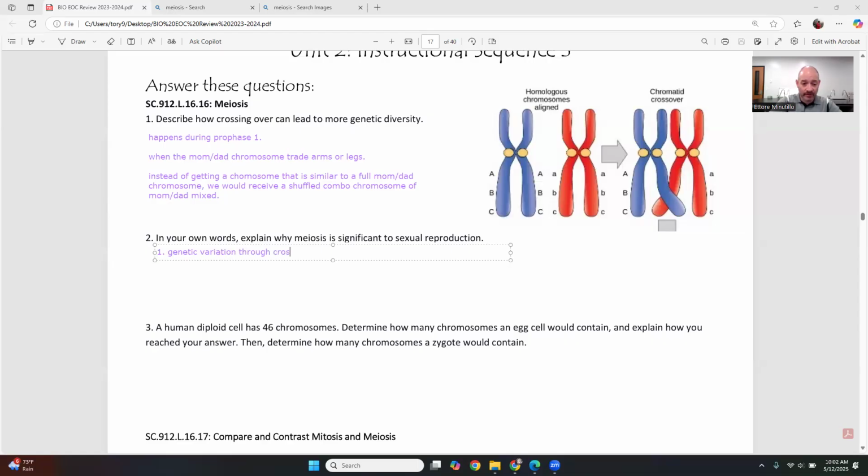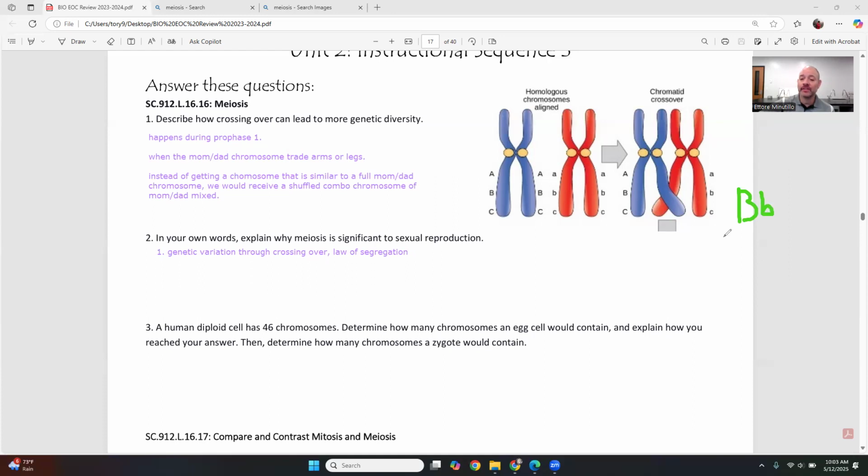through crossing over, law of segregation. By the way, law of segregation is just the idea that each parent only gives one copy of a gene. So if we were talking about a genotype, for that trait, I'm big B, little b.